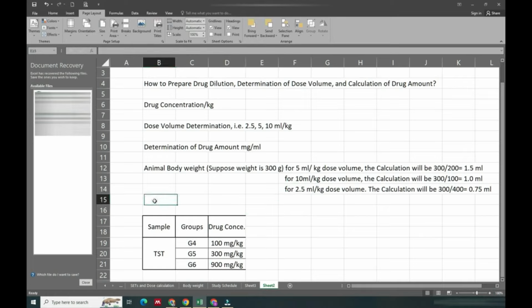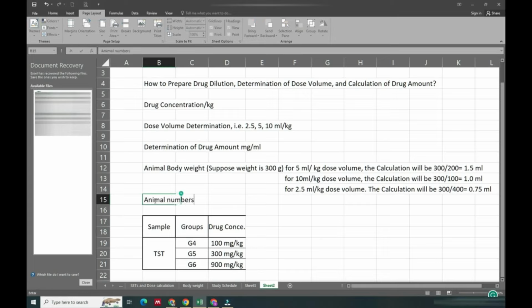These steps you have to follow while you are preparing dilution and drug for dosing. So it will be easy for you to calculate everything.